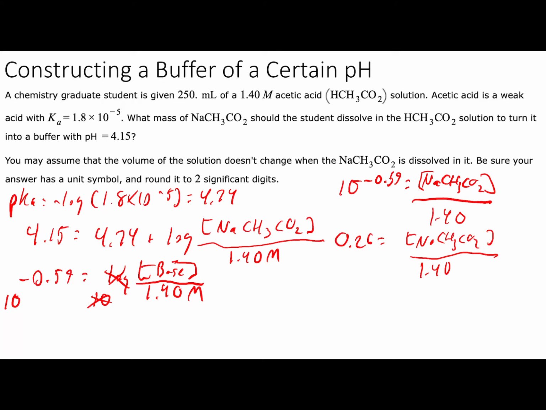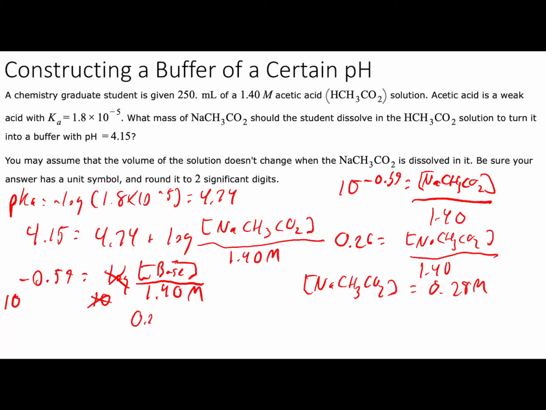And in this case, the concentration of sodium acetate is going to be 0.28 molar. And now we've got to take that 0.28 molar and convert that to grams.